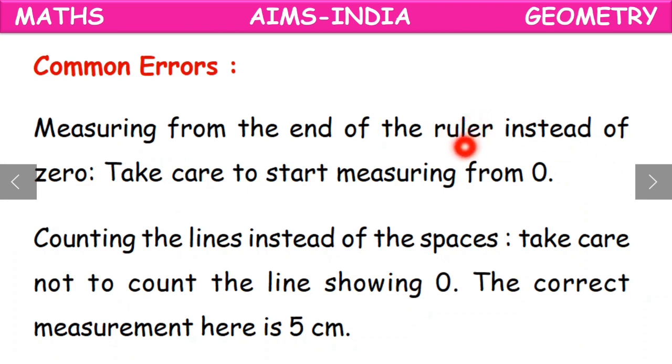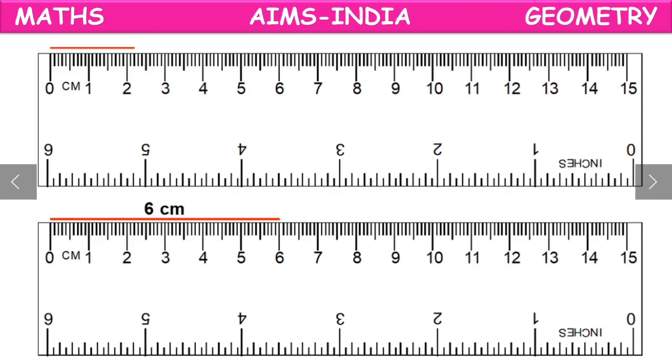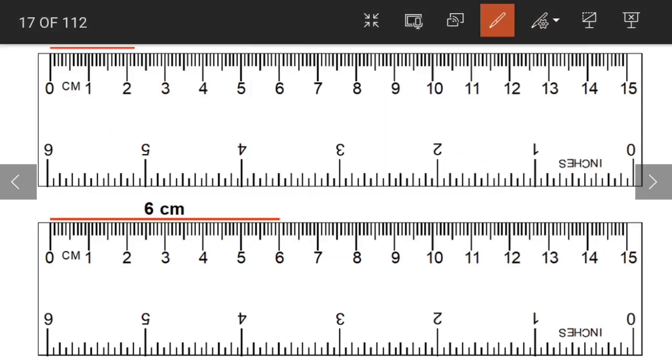So what is the common error that people tend to make? Measuring from the end of the ruler instead of 0. So take care to start measuring from 0. Suppose this is my line segment. From where should we start measuring? The end point should coincide with 0.